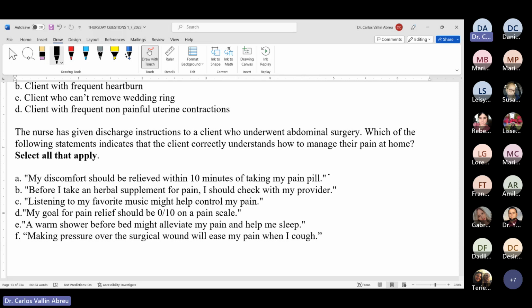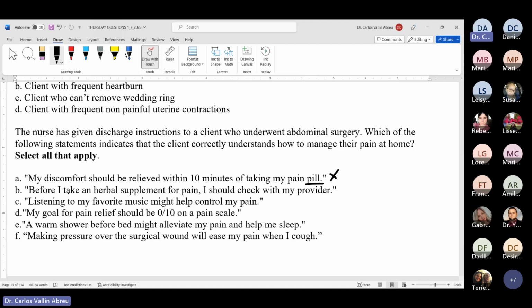What do you think? Yes or not? No. Oral medication pills cannot work so fast. So this is not realistic. You cannot expect such a fast relief of pain. It's going to be relief, but not so fast. So it's not realistic. I agree.